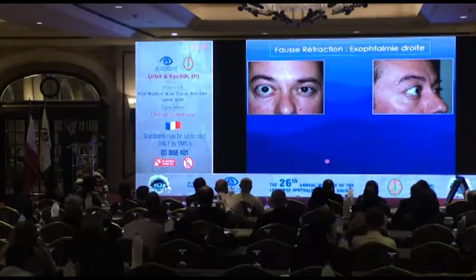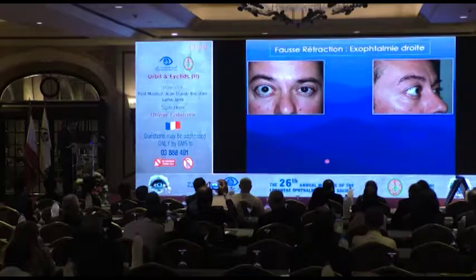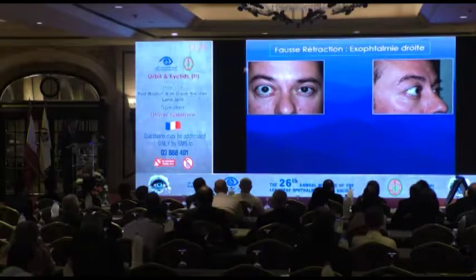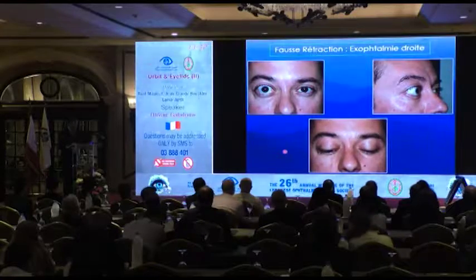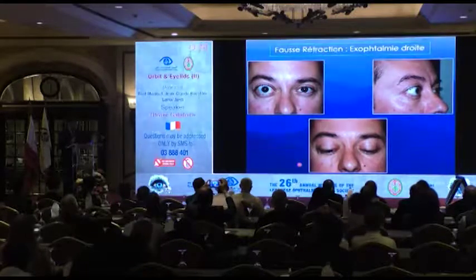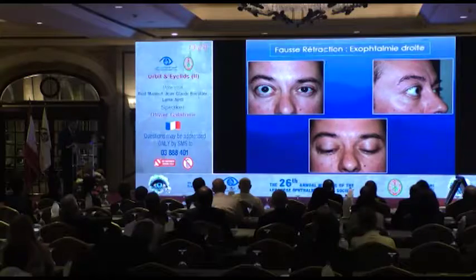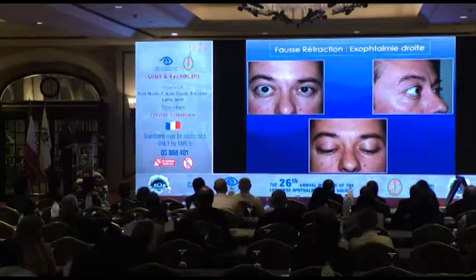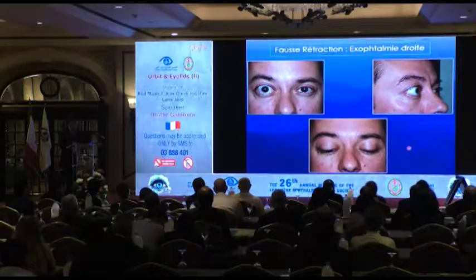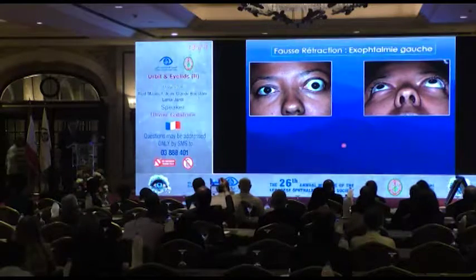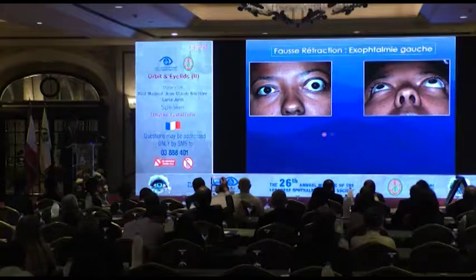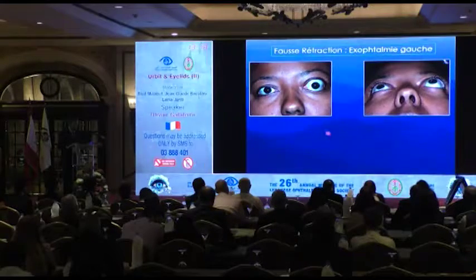For example, this patient seems to have an eyelid retraction, as you can see here, but when he looks down, you can see there is no lid lag, and there is absolutely no retraction, at least when he is looking down.